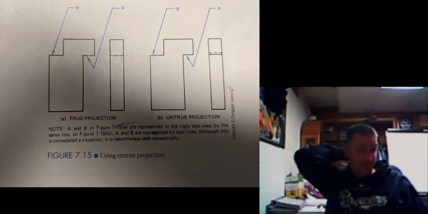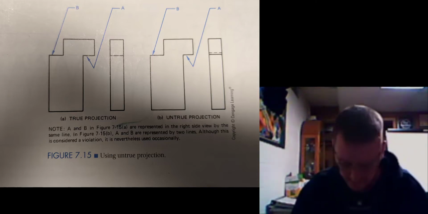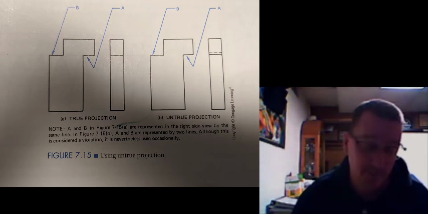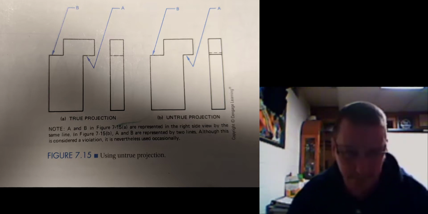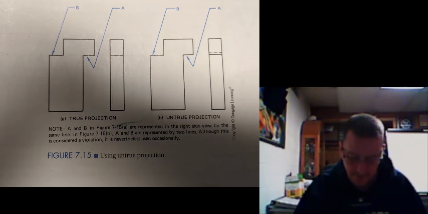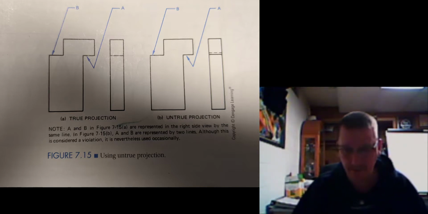This would really be more in the case where, say, all you have is a front side and a right side view of the object. Now, if you didn't have any other viewpoints telling you that that line was in the same location as, say, a hidden line in the same location as your object line, as shown on the right side view, as in what we're looking at in figure 7.15, we did not have any other viewpoints to tell us any different, then we might see something in a non-true projection.